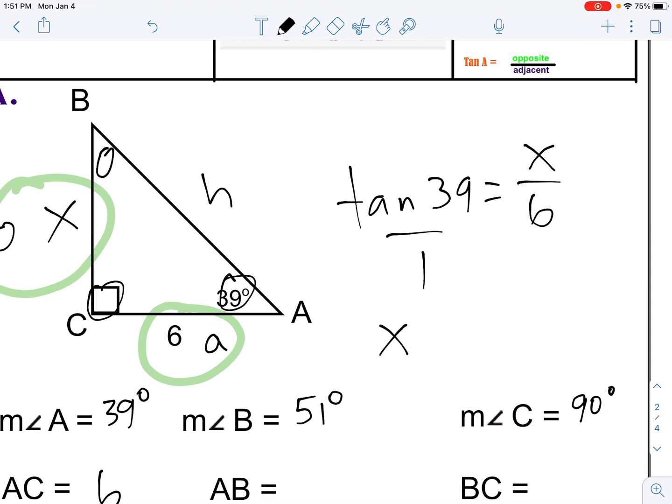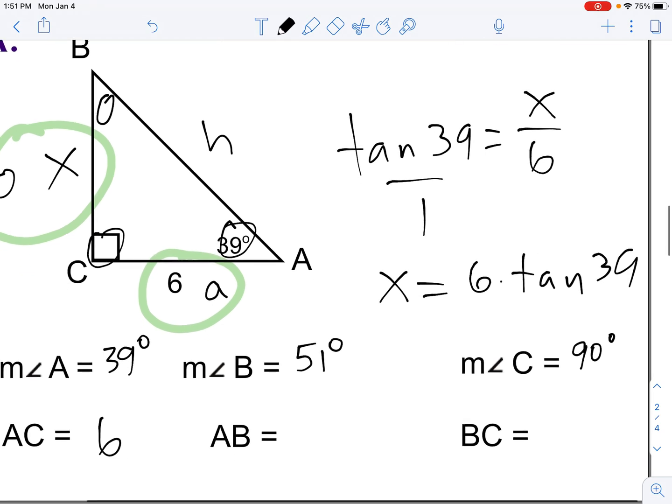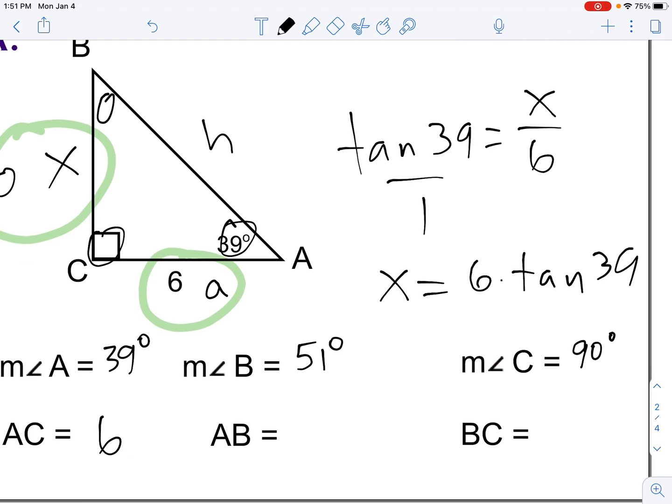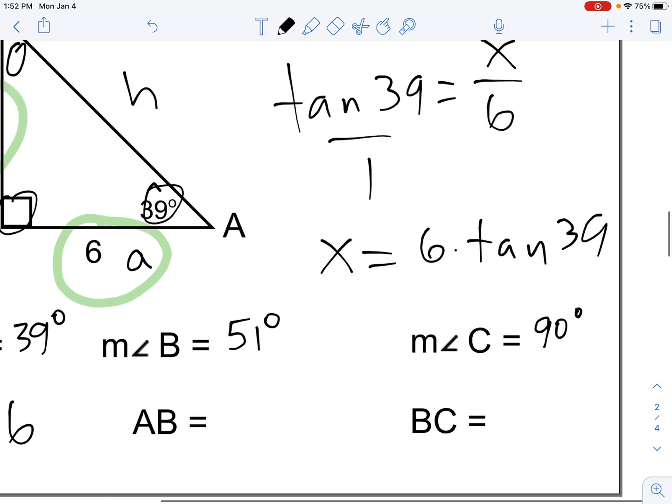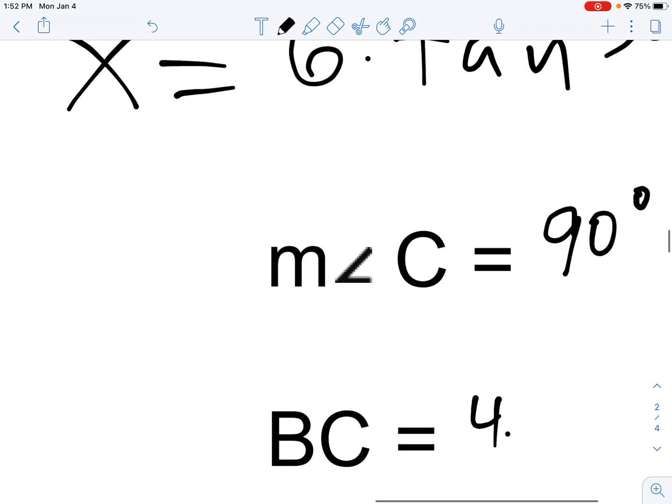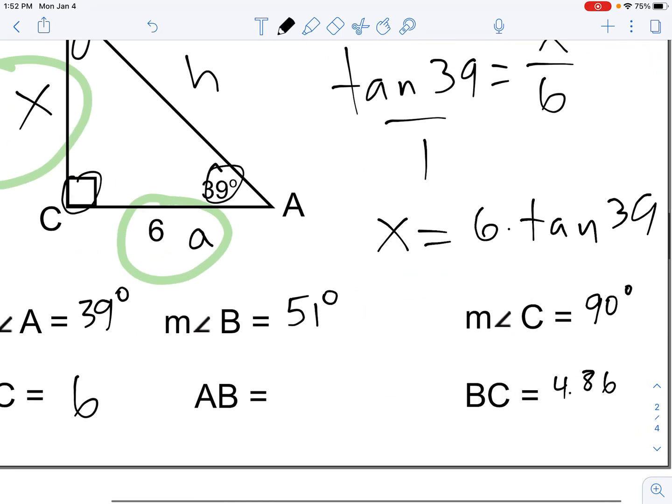Cross multiply, x is equal to 6 times the tangent of 39. And since from here we are approximating, our answers are going to be a little different depending on how we decide to solve from here, but 4.86 if I have everything in there correctly. So BC is about 4.86.